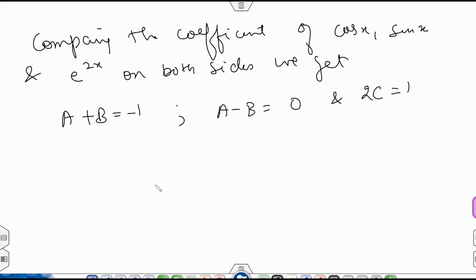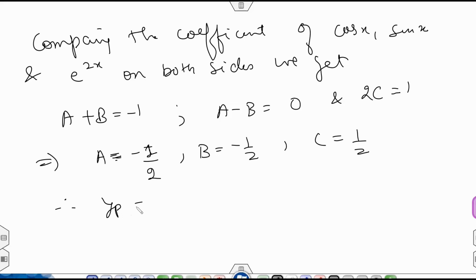This implies a is minus half, you can calculate easily, b is also minus half, and c is half. So the final yp will be minus 1 by 2 cos x minus 1 by 2 sin x plus 1 by 2 e to the power 2x.